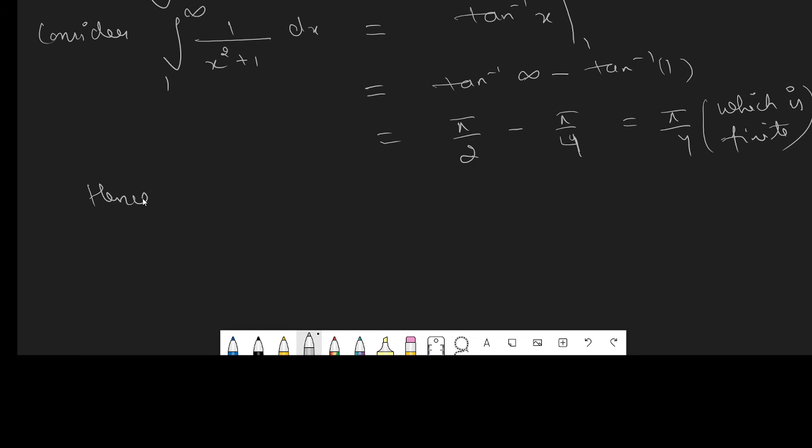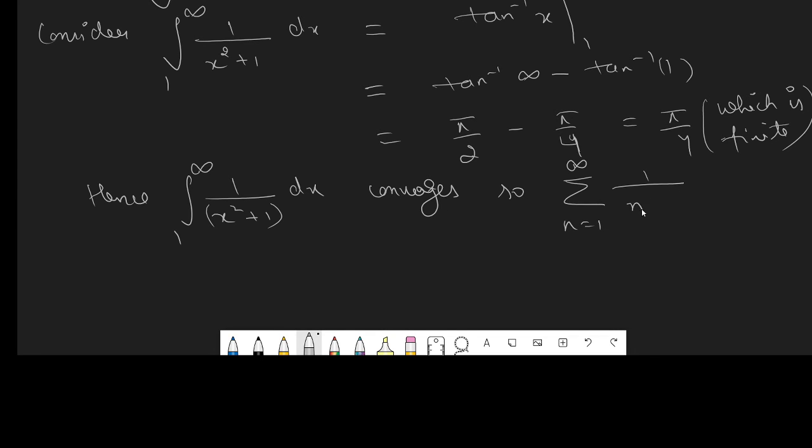So hence the integral of 1 by x square plus 1 dx converges because we are getting a finite value. So the given series n equal to 1 to infinity 1 by n square plus 1 also converges. Okay, so this is the example for the convergent case.